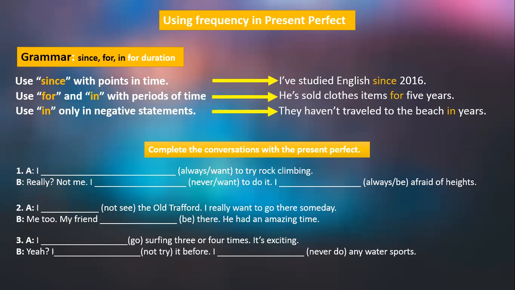More than an example, it's an exercise that you need to practice. We have 3 conversations, number 1, number 2, and number 3. And you need to put in the blank space the correct form: want plus always, never plus want, always plus be, also not with the verb see, the verb be, the verb go, the verb not and try, and never and do.